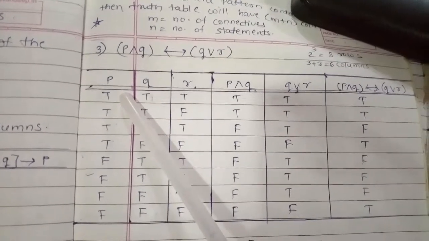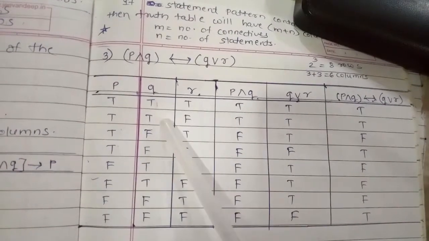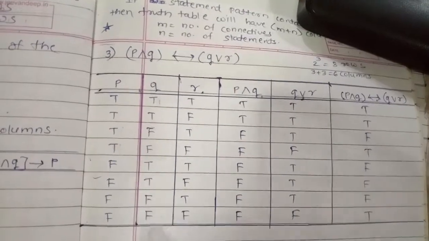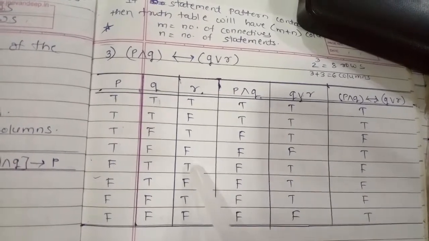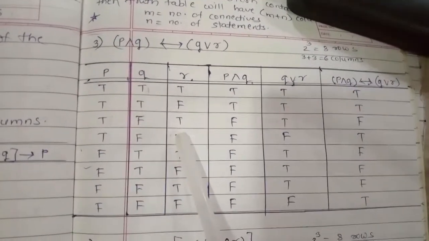Again I repeat this one. So 4 times T and 4 times F. Again T T F F T T F F. After that T F T F T F and T F. For all examples we have to write down like this one.